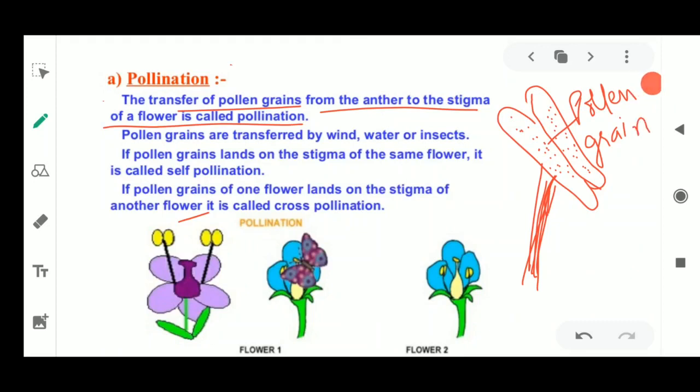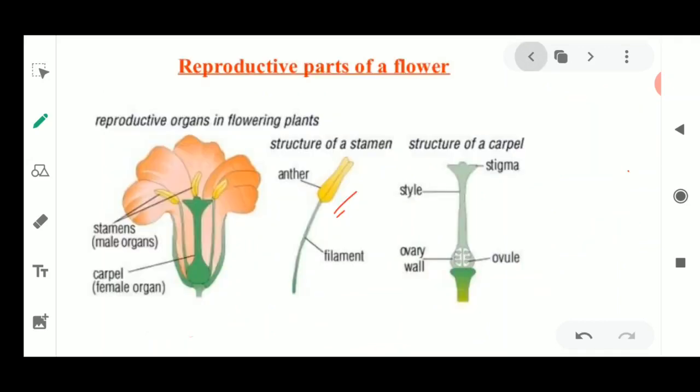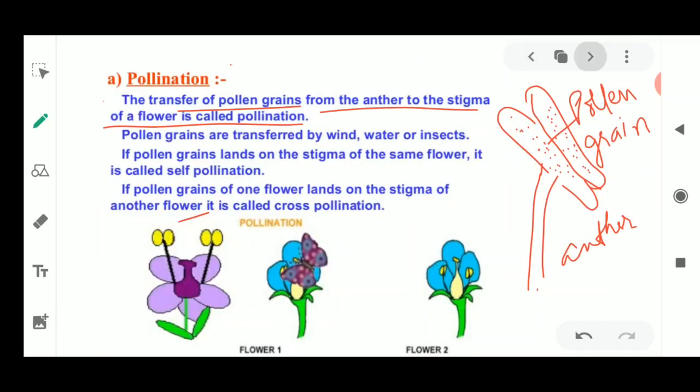Now these pollen grains are going to transfer from one part of a flower to another part. So it is going to transfer from the anther to the stigma. Stigma means, again, we are talking about the female reproductive part. If we say this is the stigma, what happens?